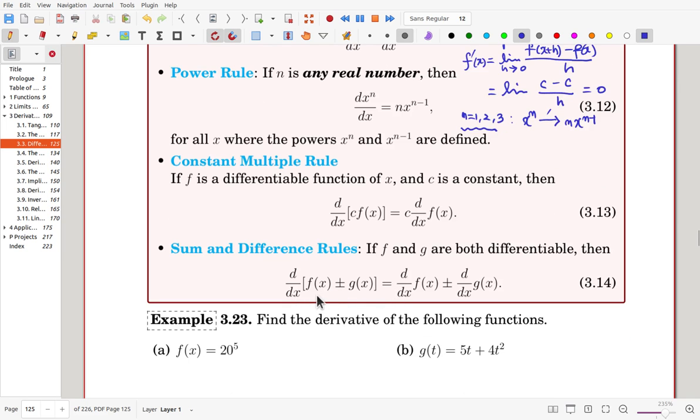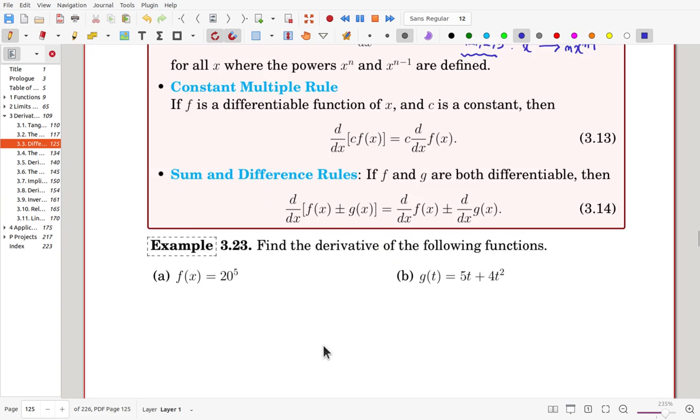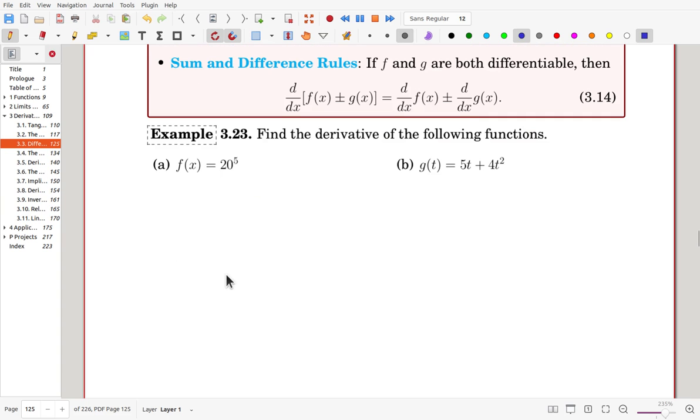Once two functions are summed or subtracted, the derivative of the whole function can be gotten through the derivative of each term, and later on you can combine. Okay, here let's try to solve these problems.